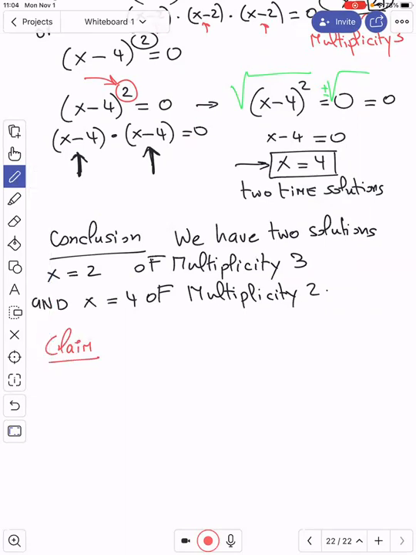So remember, x-intercept is just the intersection of the graph with the x-axis.